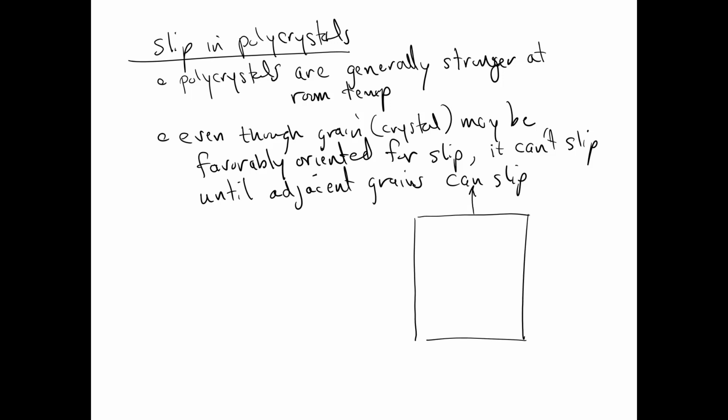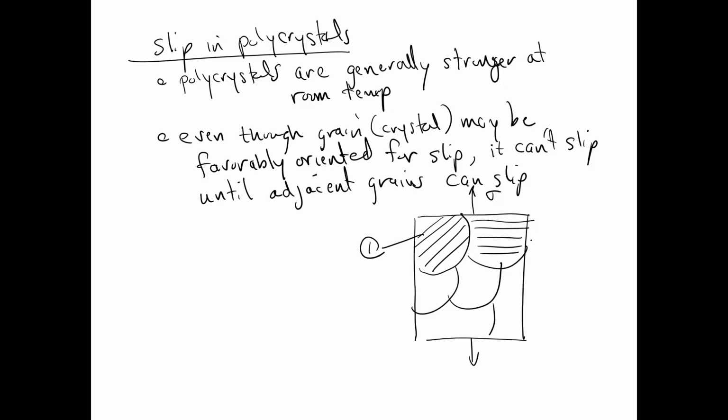But let's say we've got a polycrystal of material, and we've got some grains in here like this. And each one of those grains has a certain orientation of the slip planes relative to the stress. Let's just take, we'll call this grain number 1. Well, right now grain number 1 looks like it's more favorably oriented for slip.